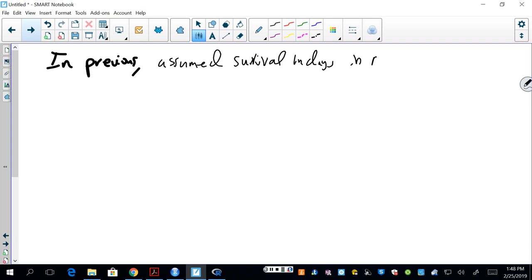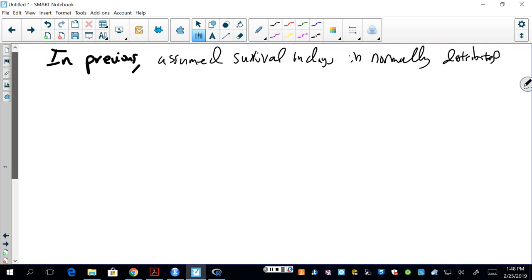Survival in days is normal, so that if I calculate probabilities, chances, using that normal curve based on the mean and standard deviation, it's accurate. It very well could be. I would imagine that it's probably pretty reasonable in this case.